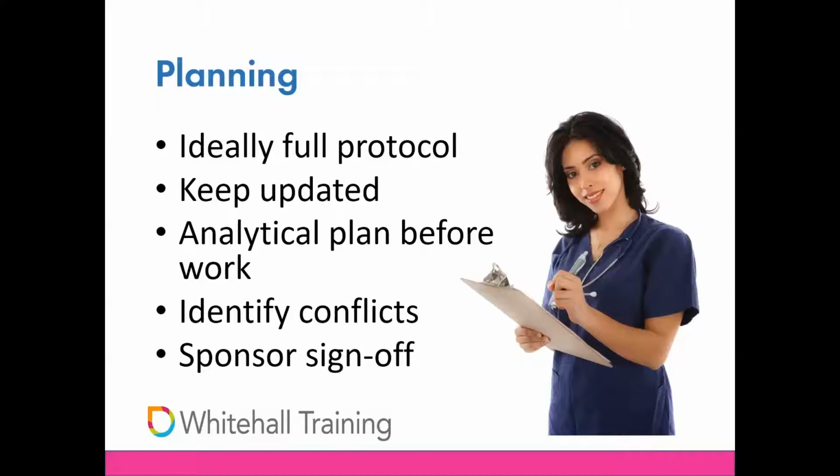So to achieve this, it needs to contain things like the exact methodology they're going to be using, sample shipment and preparation criteria, reporting routes, timeframes, quality assurance activities, all that kind of level of detail. If there are any conflicts between the clinical trial protocol and the lab's own standard operating procedures, they need to be identified as early as possible and clarified before any work starts.